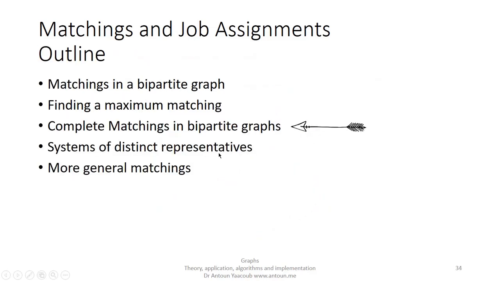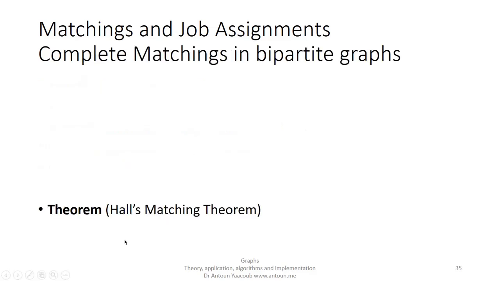We'll move to the third part, which is about the complete matching in bipartite graphs. We will consider the problem of when a bipartite graph has a complete matching or when it has a perfect matching. This is why we will consider Hall's matching theorem. The following theorem characterizes precisely when a bipartite graph has a complete matching. For any vertex V, we know that the neighborhood of V is the set of all vertices adjacent to V. We already covered that.